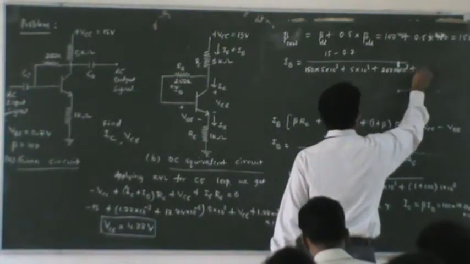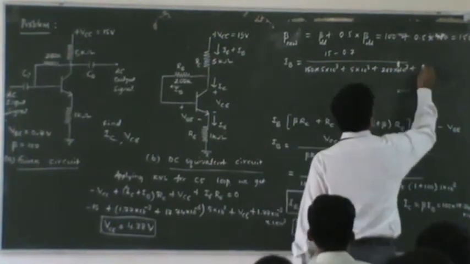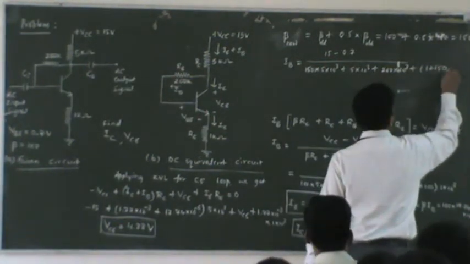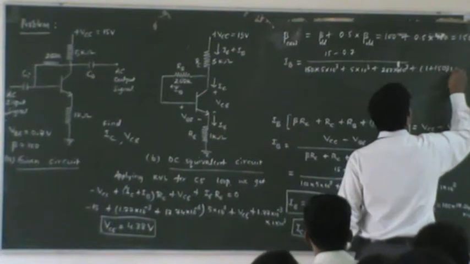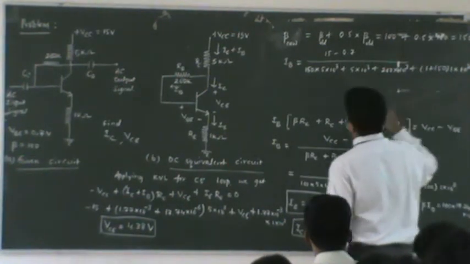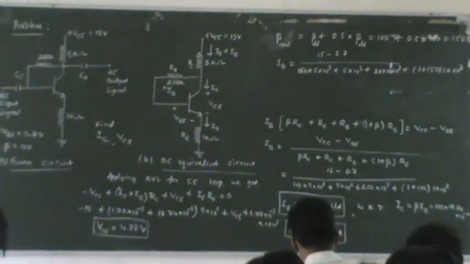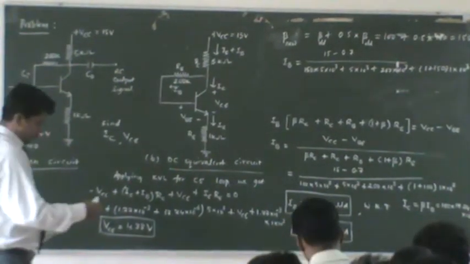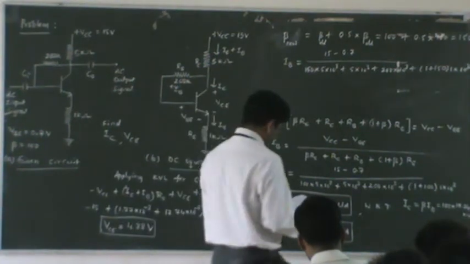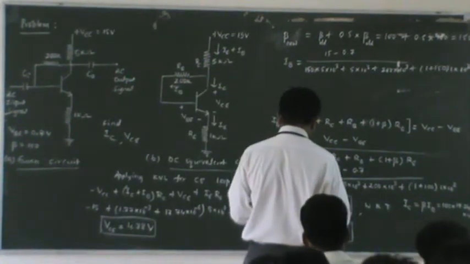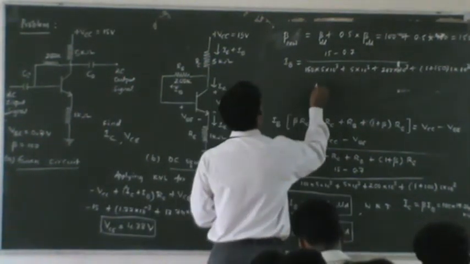This is RB, plus 1 plus 150, 1 into 10 power 3. Find out the base current using this. The new value of base current is 12.93 microampere.